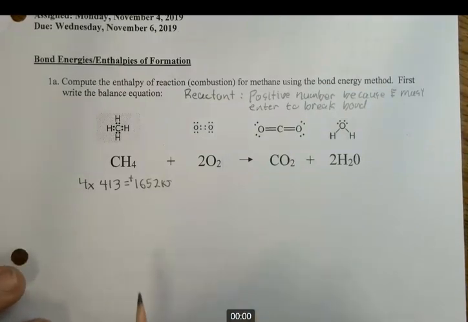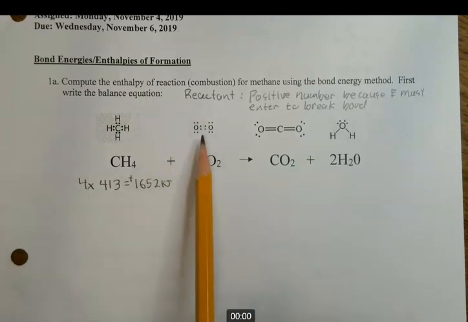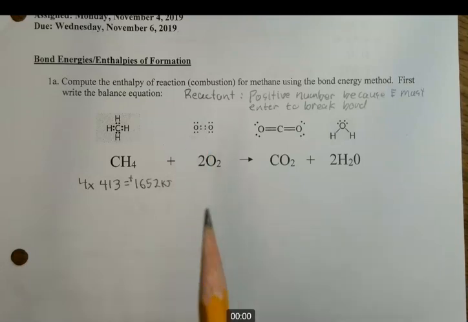Now we go to oxygen, and we go to O2. Now you have to know that O2 forms a double bond. You're going to learn how you know that later this week, but for right now I gave you a diagram to show it to you. So you have one double bond between the oxygens, but you have 2 oxygen molecules.